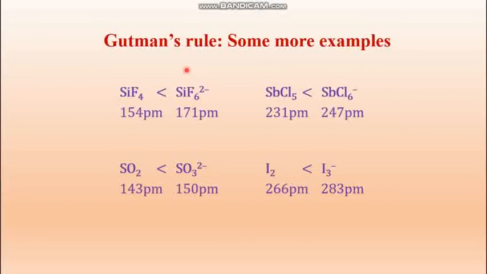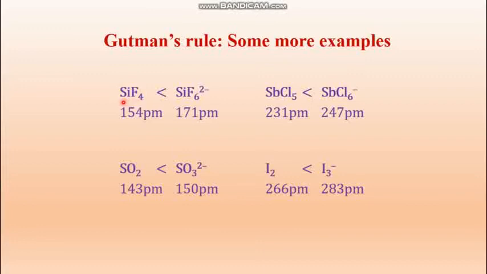Now what happens? In SiF4, silicon is partially positive due to the high electronegativity of fluorine. When it forms the adduct with F- ion, this partial positive character of silicon reduces. As a result, the polarity of this bond also reduces.